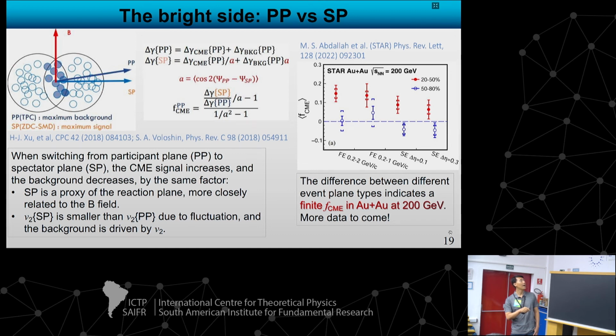This ratio can be measured with respect to the two reaction planes. When we look at gold data, we do see seemingly some finite FCME signal, although not significant enough, for some centrality, like 20 to 50%.